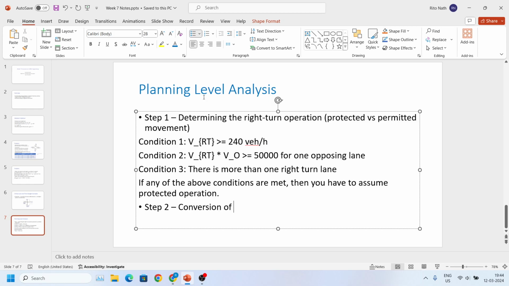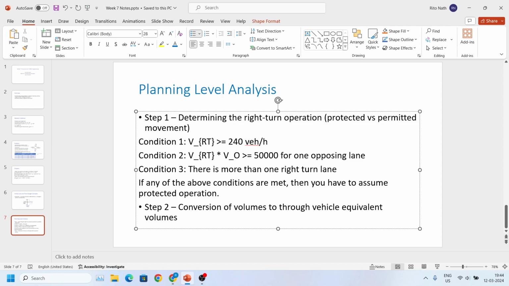So step two here is conversion of volumes to through vehicle equivalent volumes. Again, different factors were discussed, and this discussion appears in the operational analysis as well: the effect of heavy vehicles and pedestrians on left-turn vehicles, parking maneuvers, lane utilization and so on.